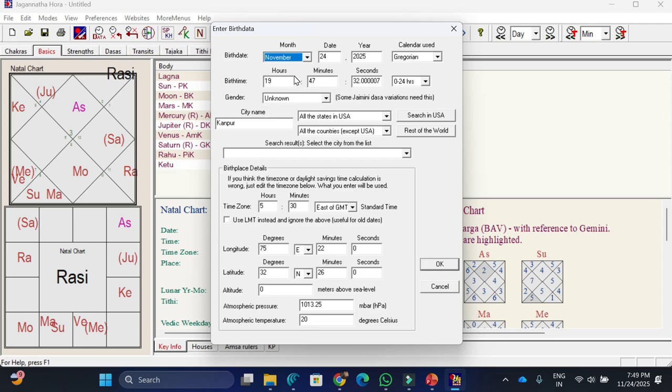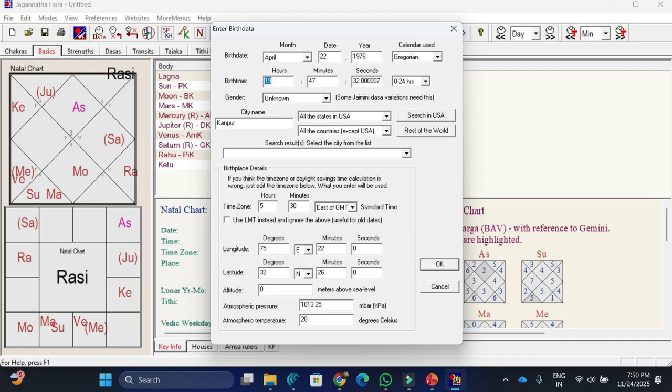Let's say, for example, someone who wants to share birth details, I'll just make the chart. Anyone wants to share any? Month April, April 22, year 1978.